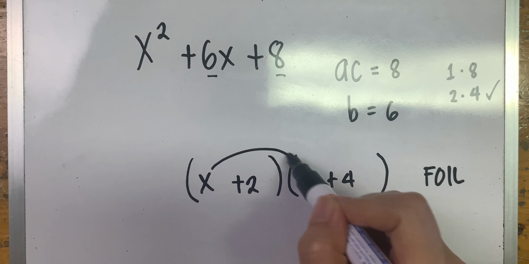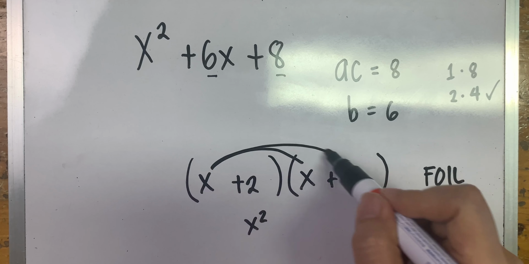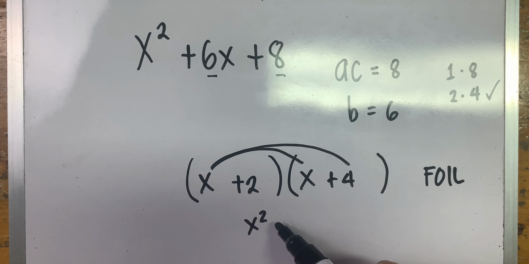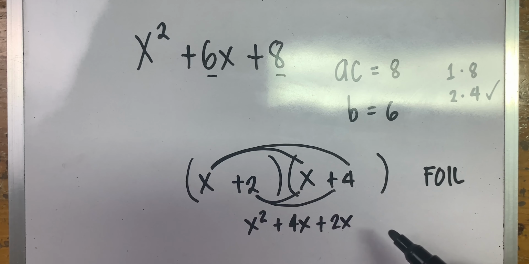So first, x times x gives us x squared. Outer, x times 4 will give us positive 4x. Inner, which is 2x. And then last, 2 times 4 gives us 8.